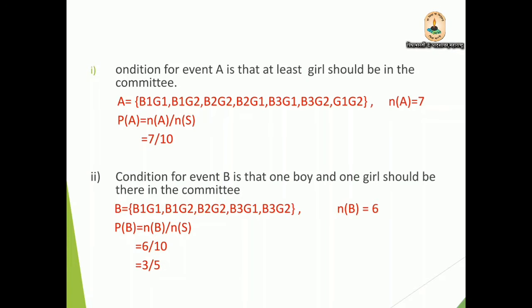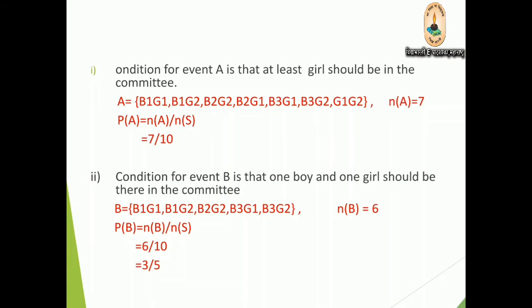Now first the event A is that at least one girl should be in the committee. At least one girl means one girl or 2 girls are included in the committee. And therefore from the sample space we write event A as A = {B1G1, B1G2, B2G2, B2G1, B3G1, B3G2, G1G2}.